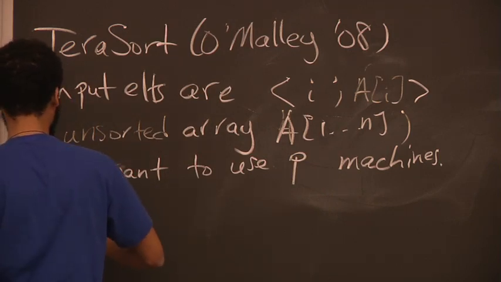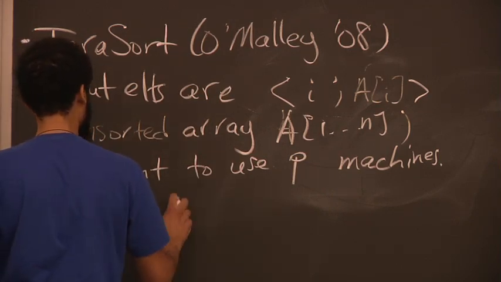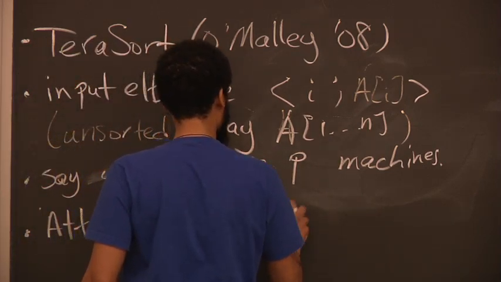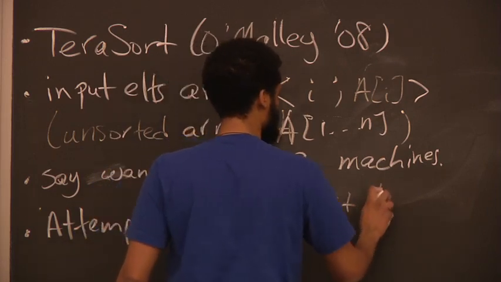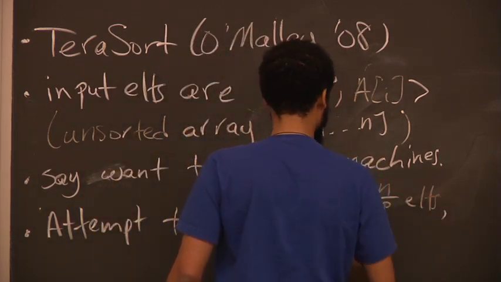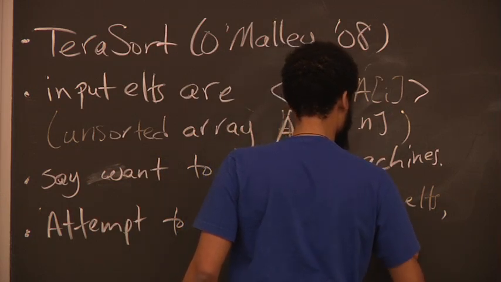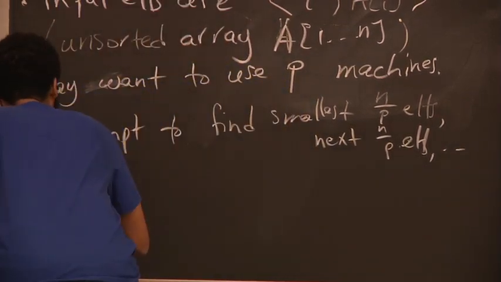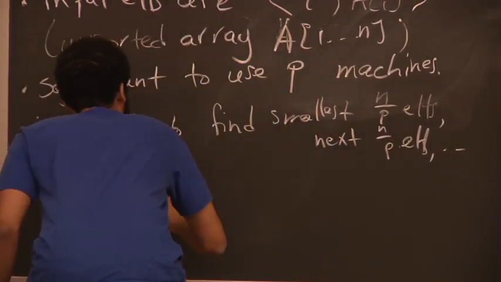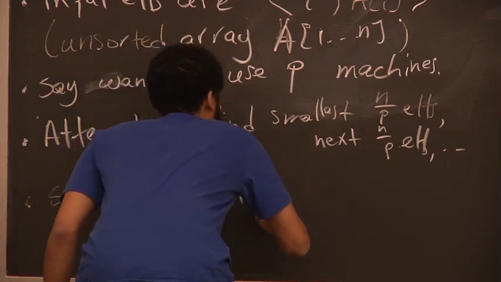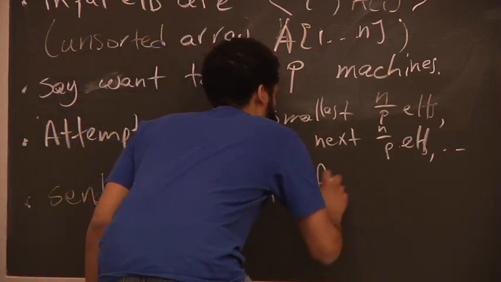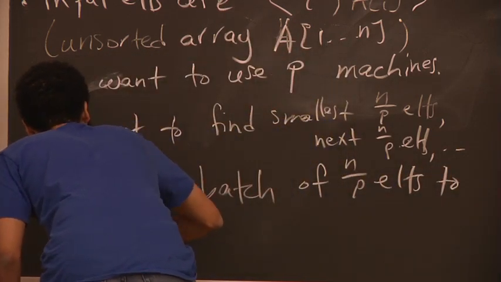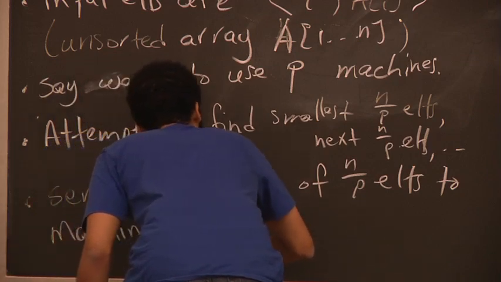The basic idea is to attempt to find the smallest n over P elements, the next n over P, etc., and send the jth batch of n over P elements to machine j to be sorted.